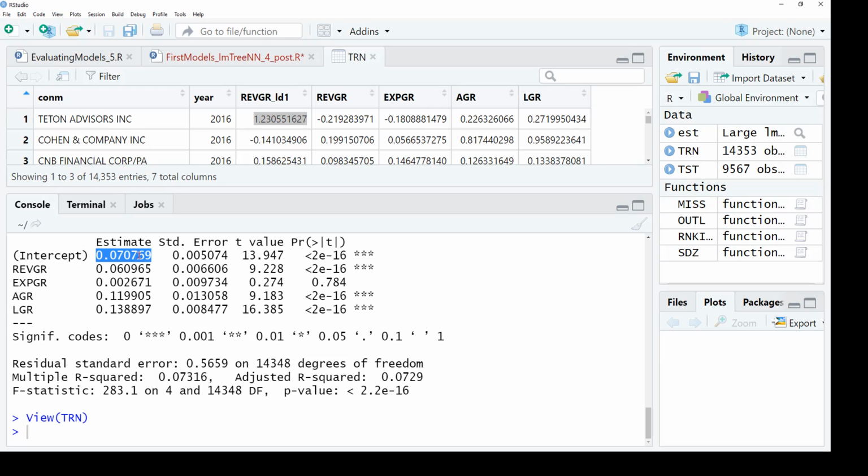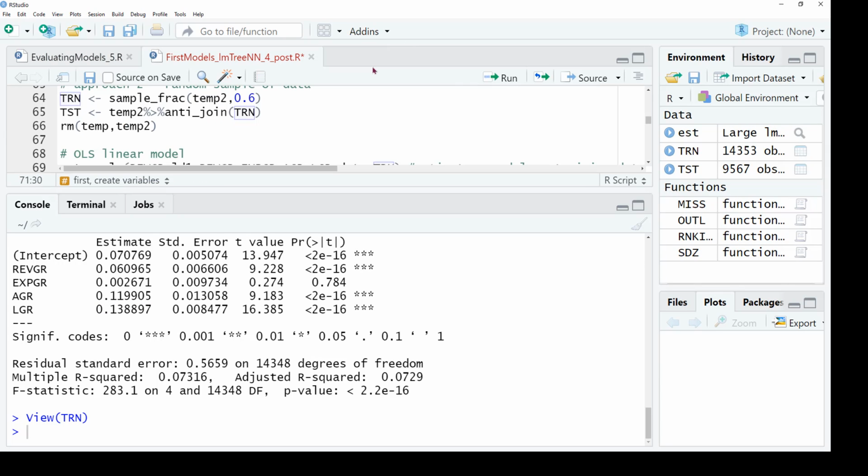The intercept plus, and then thinking about the slopes and how they work, it is this slope, notice it's the slope on revenue growth, times revenue growth. And then we do the next thing. So then slope on expense growth times expense growth here, slope on asset growth times asset growth, and slope on liability growth times liability growth. Multiply those together, add all of those up, just like you would in an equation for a line. That gives you what the model would say this revenue growth would be.